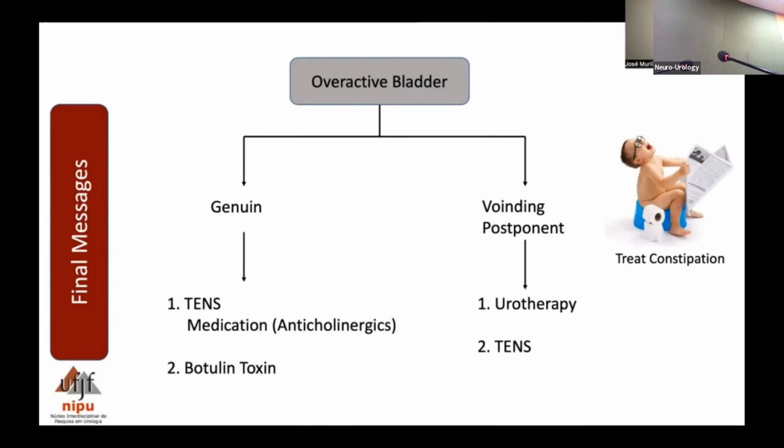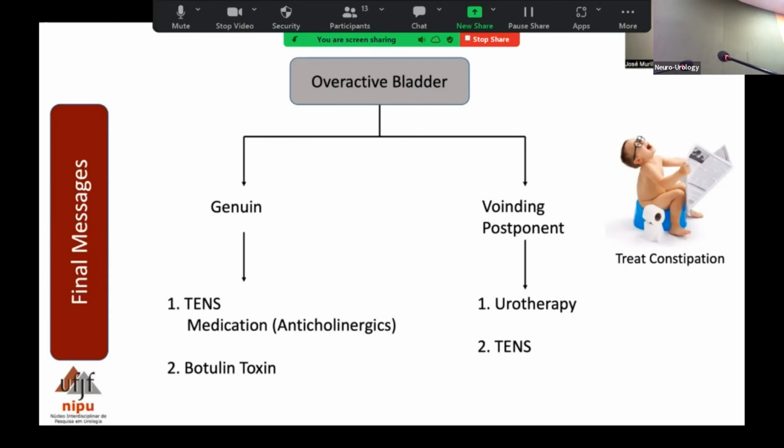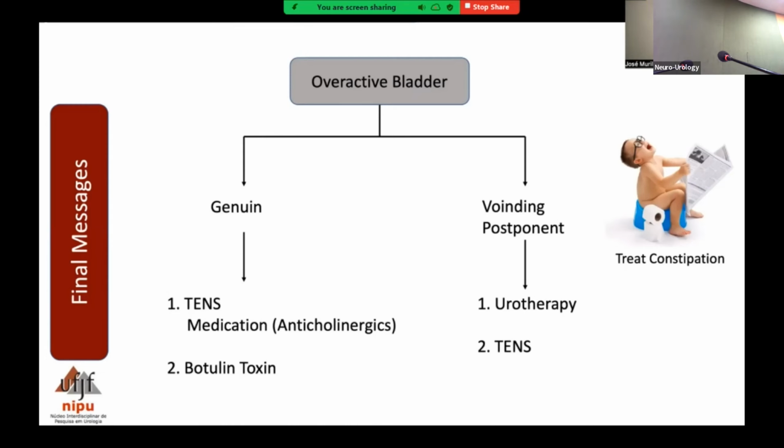So there's a lot to learn and study in neuromodulation. But where we stand now is that neuromodulation is my treatment of choice for children with OAB. And for those that fail or do not get a complete response, we can add anticholinergics and improve results.